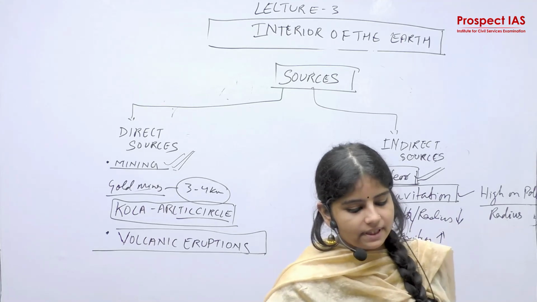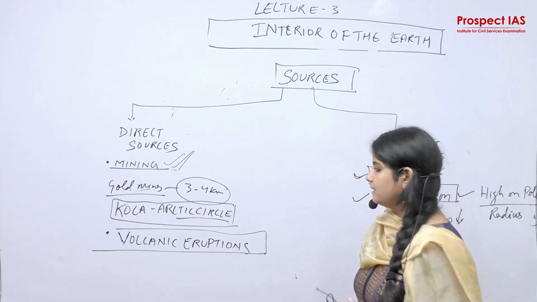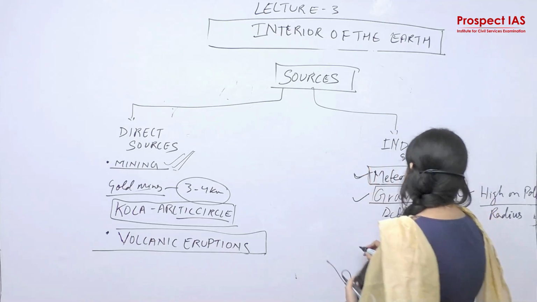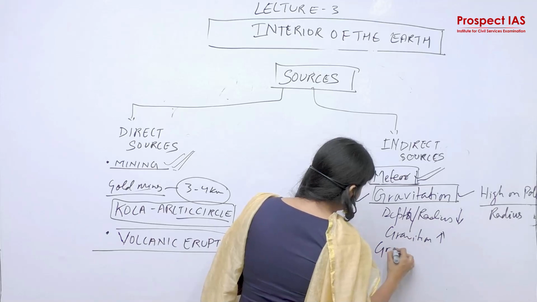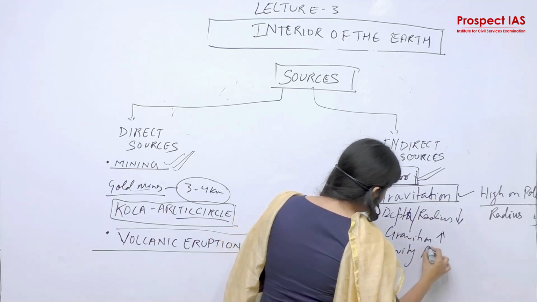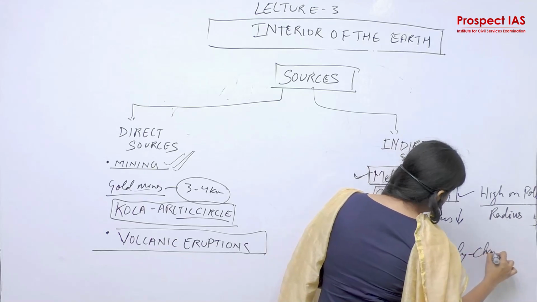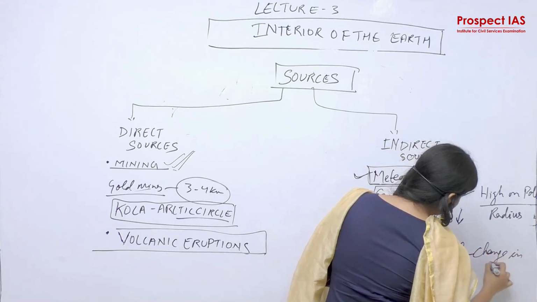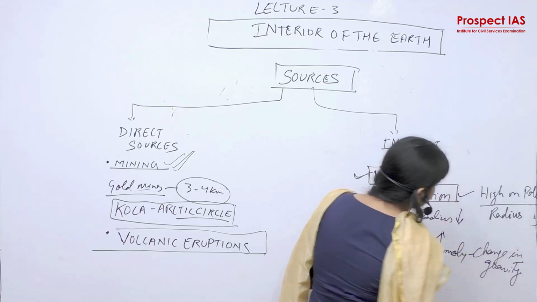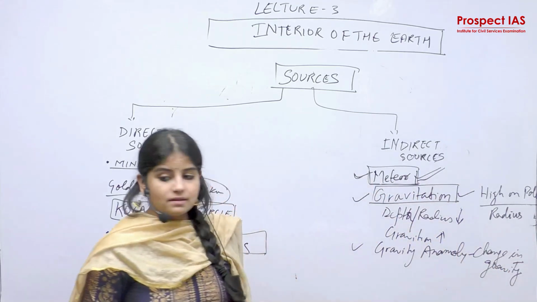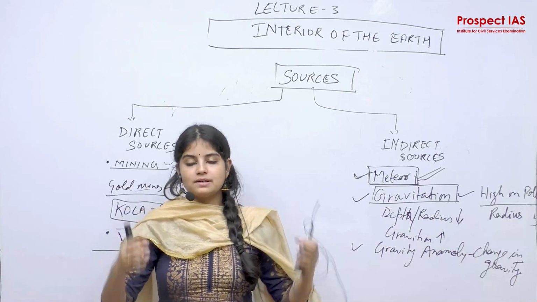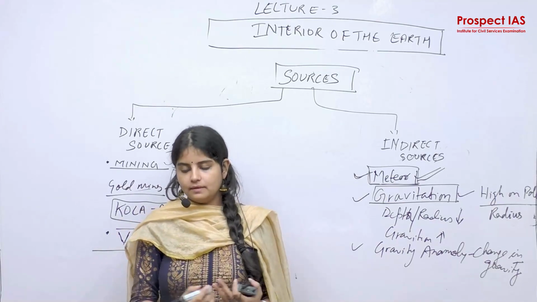Third is your gravity anomaly, similar to the second one, but third is your gravity anomaly, which means change in gravity. It's not that the Earth's structure or interior is static, that it is the same.